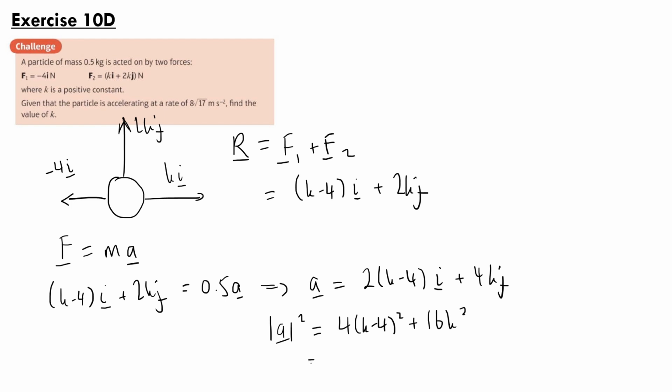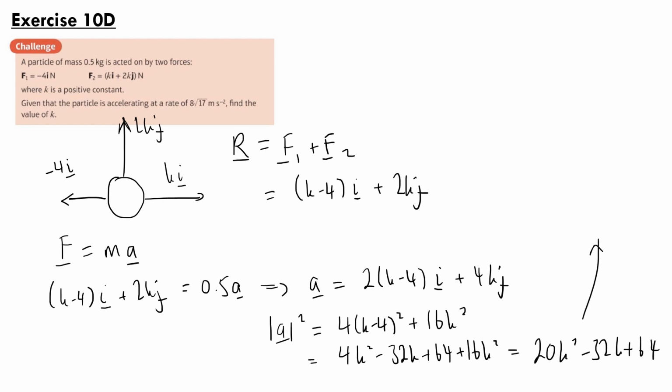And expanding out the brackets here, we have 4 times k squared, then we have minus 32k, then we'll have plus 64, plus 16k squared, so that is equal to 20k squared minus 32k plus 64. And we know that this is equal to the magnitude of the acceleration given here squared. So 8 root 17 squared is 64 times 17, so that's 1088.